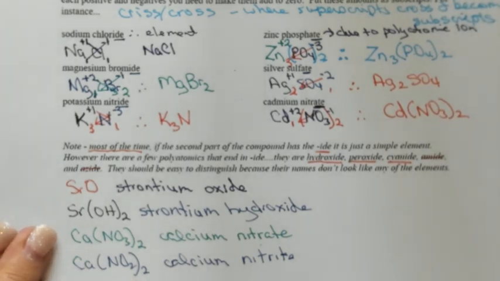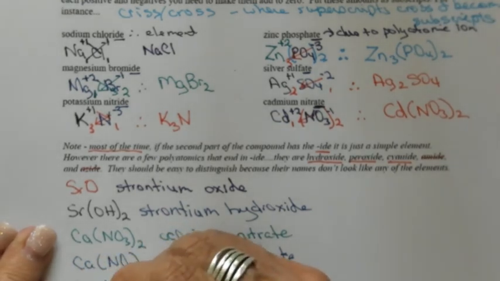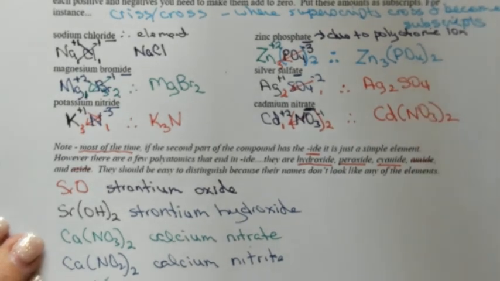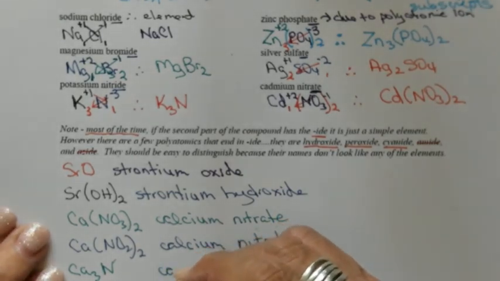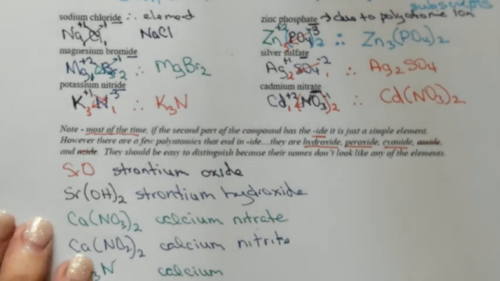And finally, the last one is Ca3N2. Okay, when I look at this one, excuse me, let me push it up just a smidgen. So Ca is calcium. And when I cover it up, I see I have N, which is 1 element.